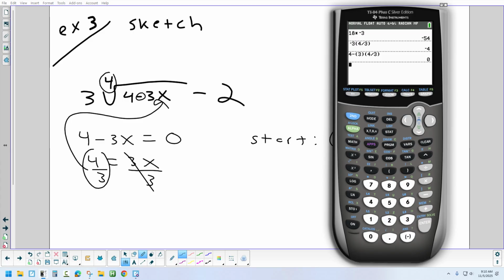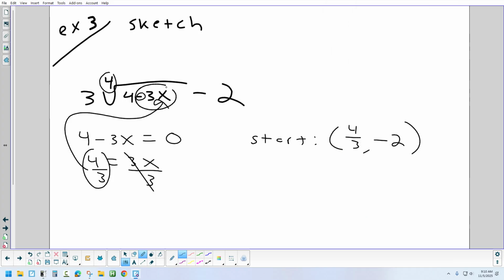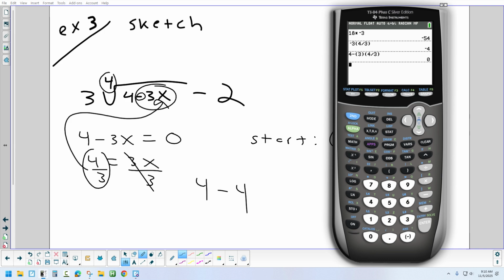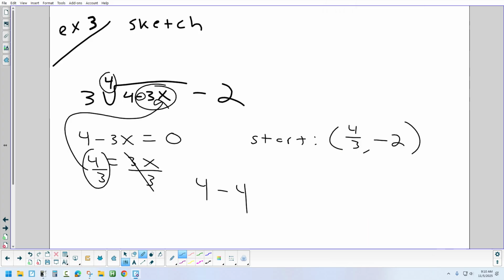Yeah, what you did right there is this. So if I put in what you had, you have 4, and then you got a -4. Yeah. So that would be 0. Okay. Oh, that makes sense. So yeah, when you plug in 4/3, you do get 0. Okay, so we've got the start point.